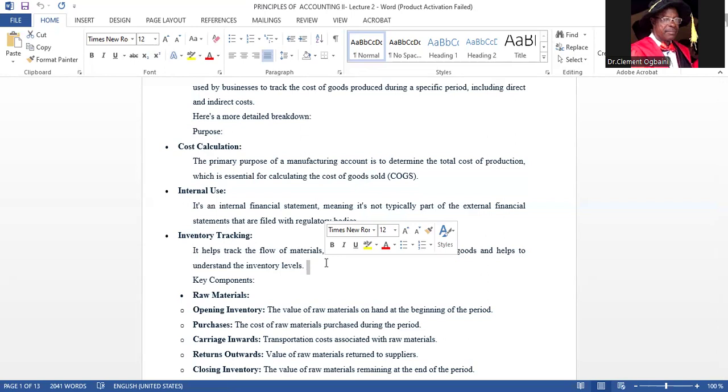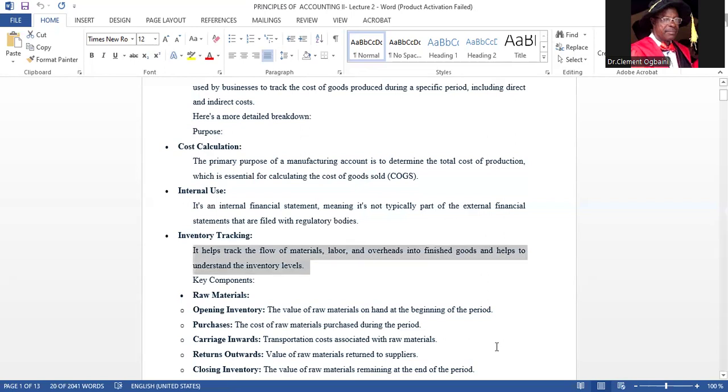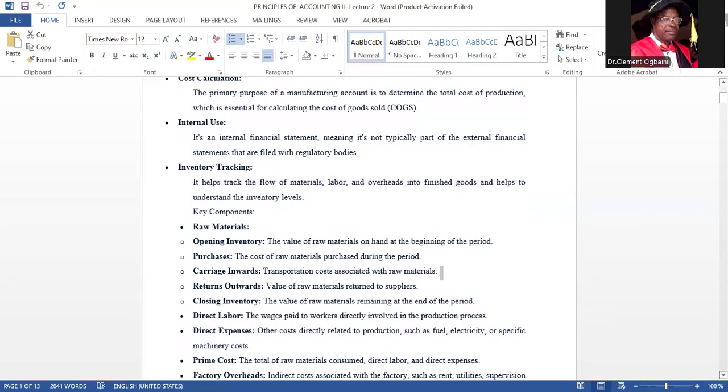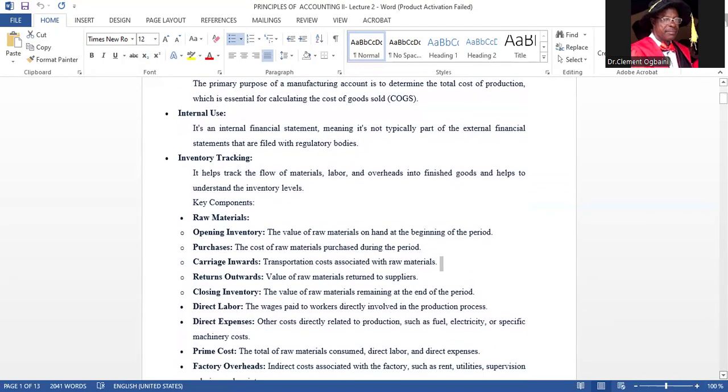It also helps us to track our use of inventory. The inventory here means the opening stock and closing stock of raw material, of goods in process, and of finished goods.